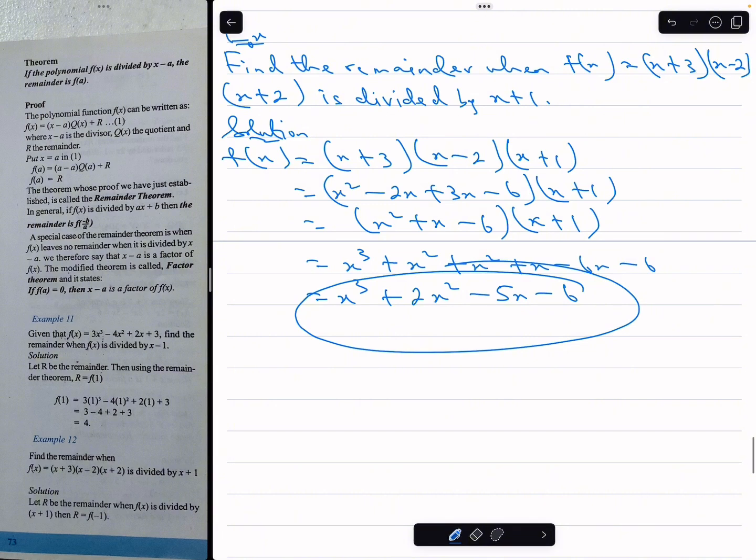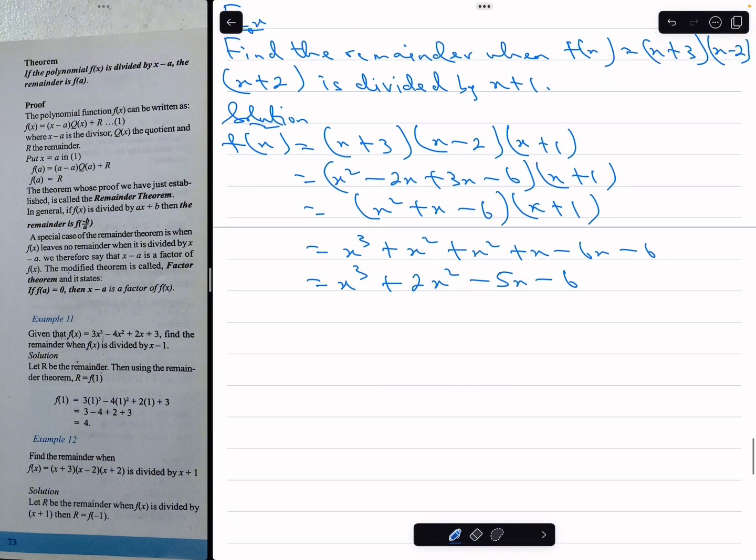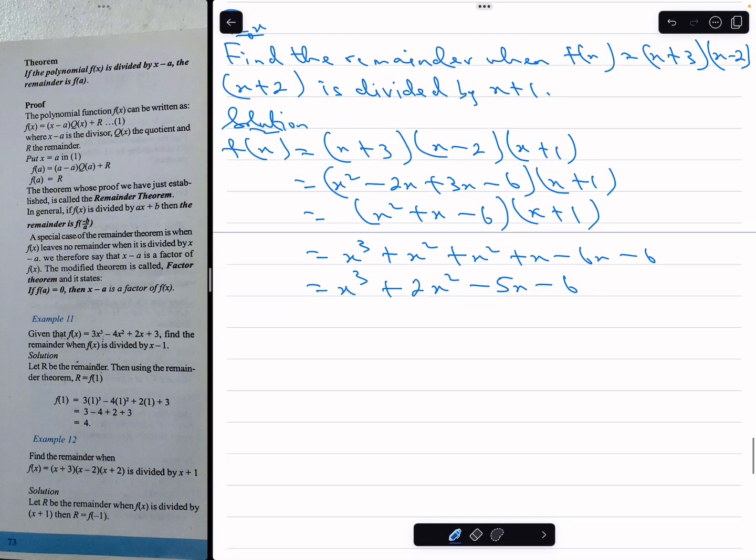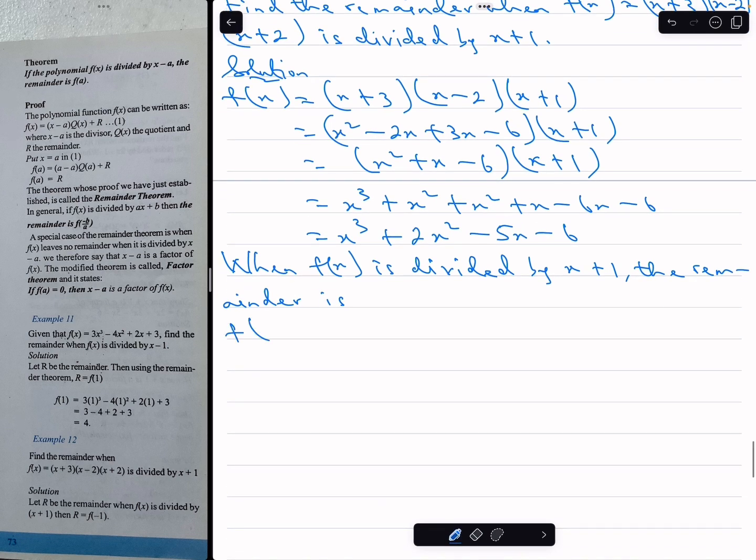So this is f of x. Now, when f of x is divided by x plus 1, the remainder will be f of, what do we say?